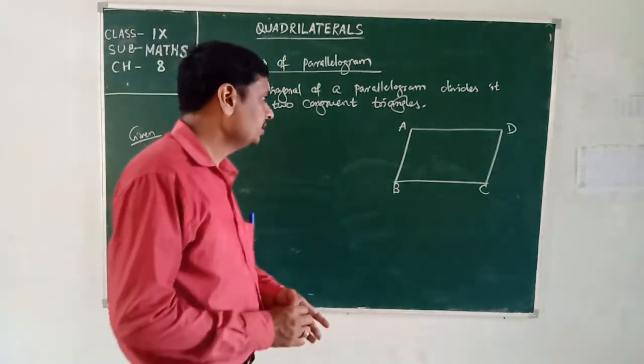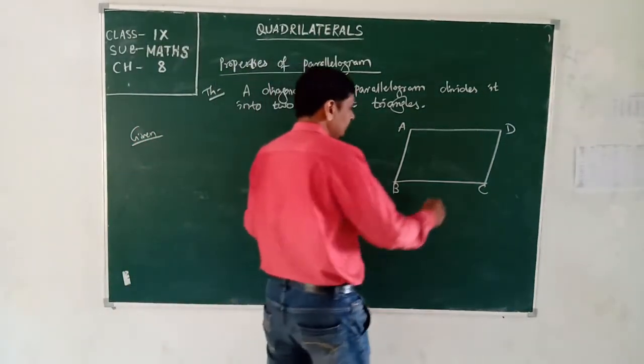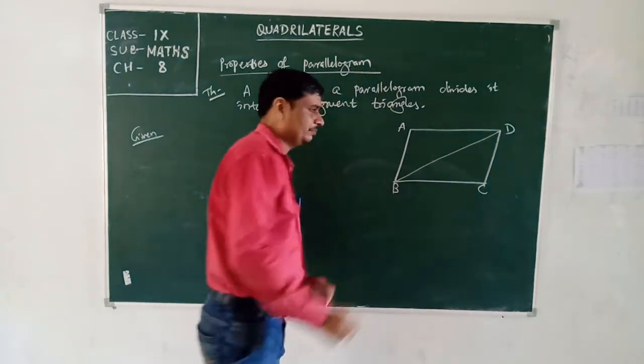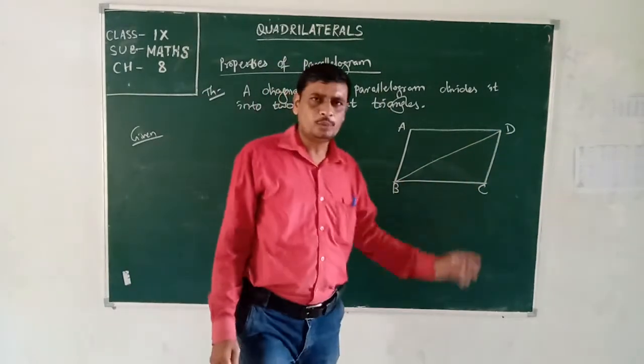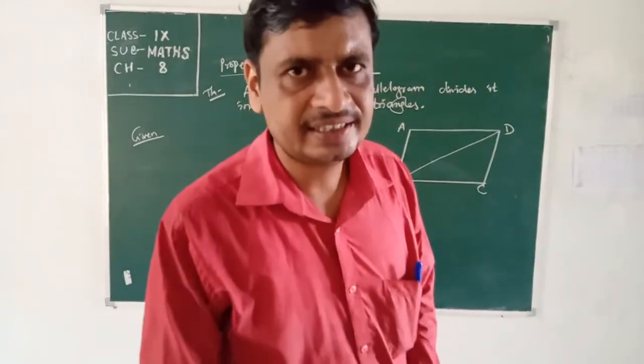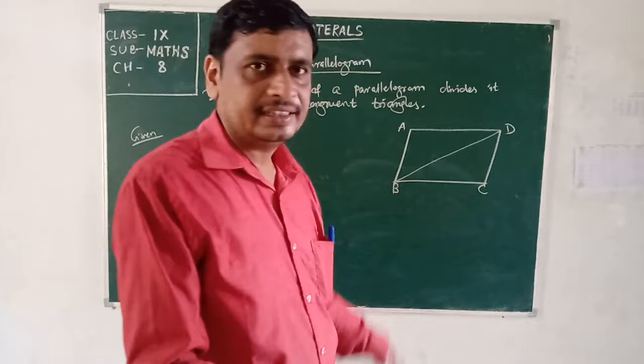Next, draw a diagonal of this parallelogram. By joining any two non-adjacent vertices, we will get a diagonal.